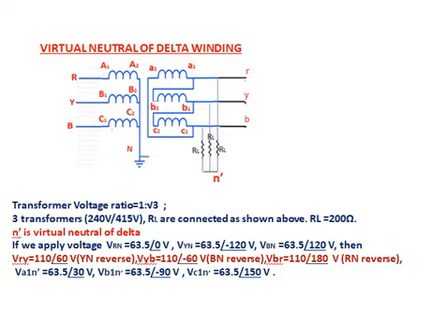VBR equal to 110 angle 180, that is RN phase reversed. VA1N' equal to 63.5 angle 30 volt. VB1N' equal to 63.5 angle minus 90. VC1N' equal to 63.5 angle 150.